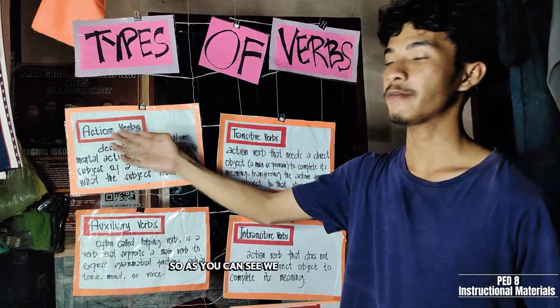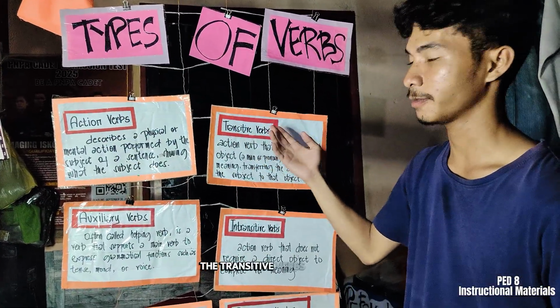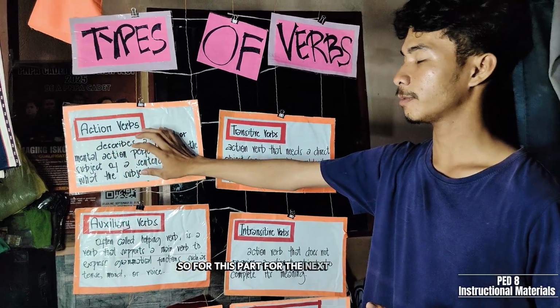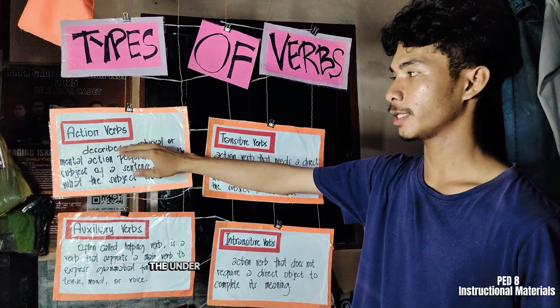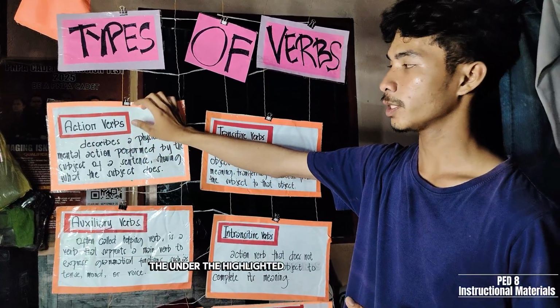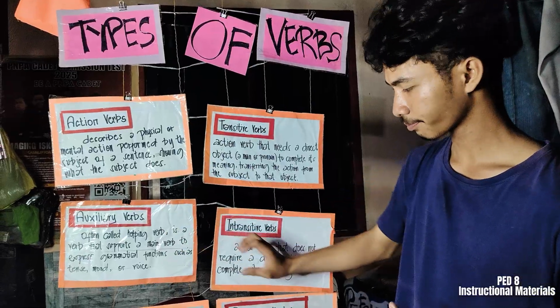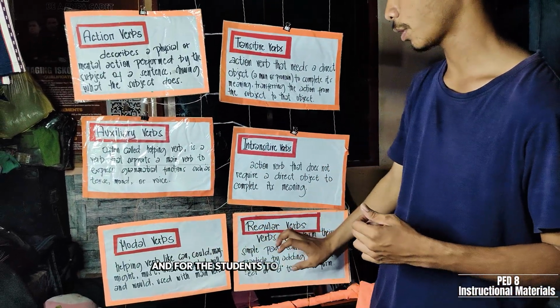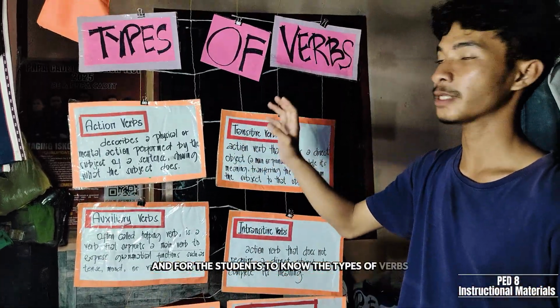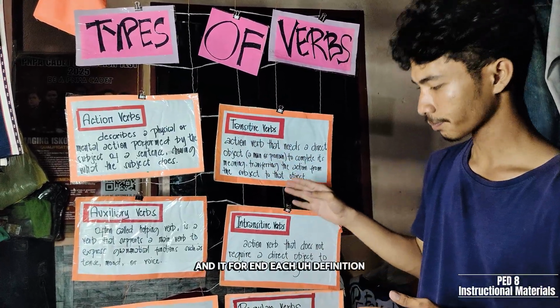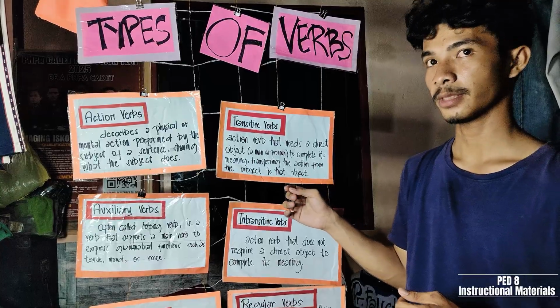As you can see, we have the action verb, the transitive verbs, and so on. The next part, under the highlighted words, is their definitions, for the students to know the types of verbs and each definition, and that will be all.